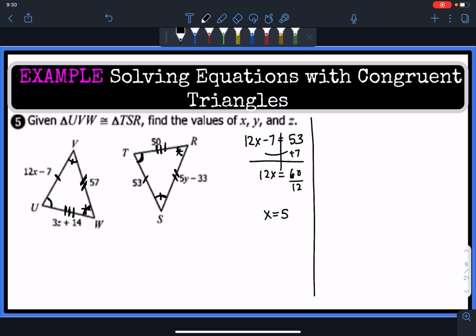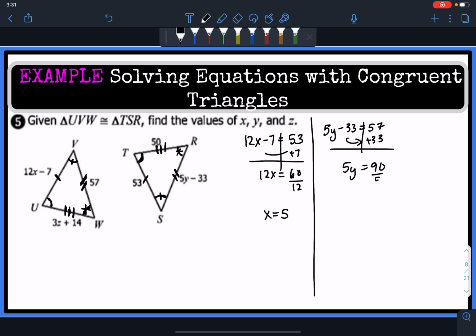Now to figure out the value of y, let's see where y is. Here's y. So 5y minus 33, what is that going to equal? Since this one is marked with 2 marks, I'm going to look over here on the other triangle and find the one that I've marked with 2 marks, which is 57. So 5y minus 33 is equal to 57. With the letters to the left and numbers to the right, I move the 33 to the right side, and 5y is going to equal 90.